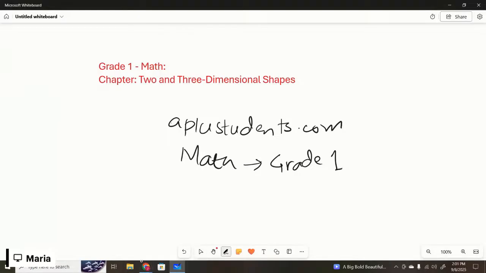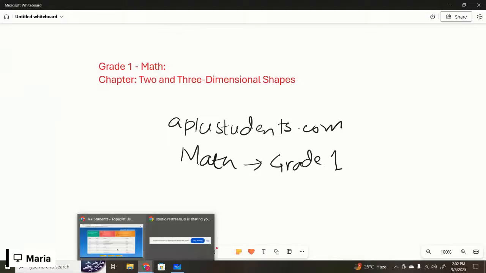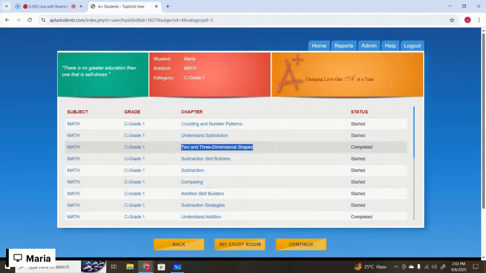So please make sure you have your notebook and pencil so that you can note down the important examples and definitions as well. And I'm on grade 1 math. The chapter we are on right now is 2 and 3-dimensional shapes.